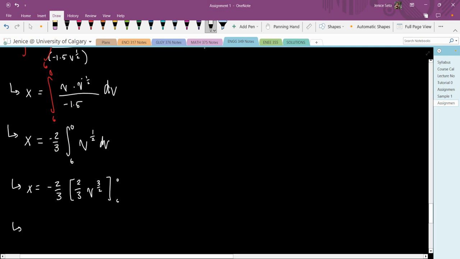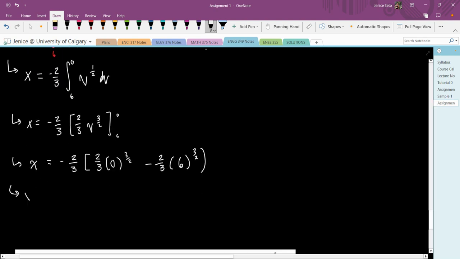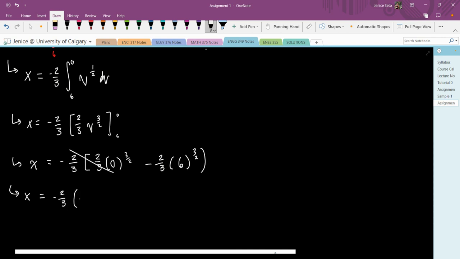Okay. So now when we integrate, that is going to give us negative 2 over 3, and for our value of v, starting at the top, that's minus 2 over 3 times 6 to the 3 over 2. At the top, x is just going to be 0. So this is negative 2 over 3 times minus 2 over 3, and then 6 to the power of 3 over 2 is 12.